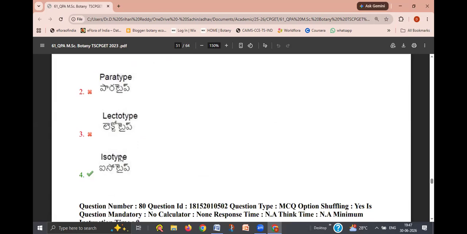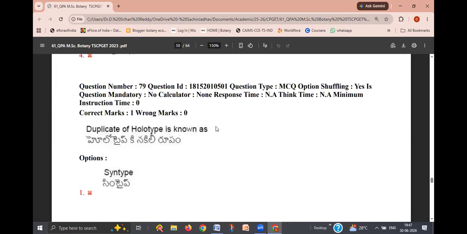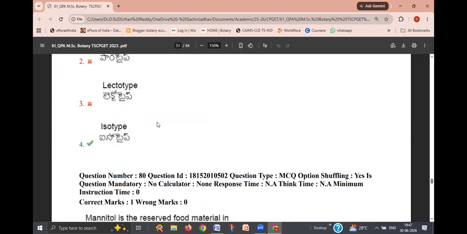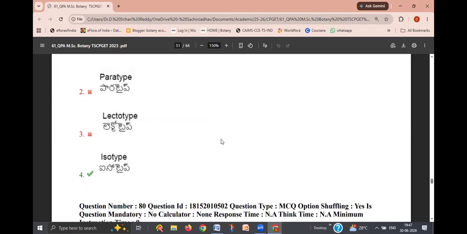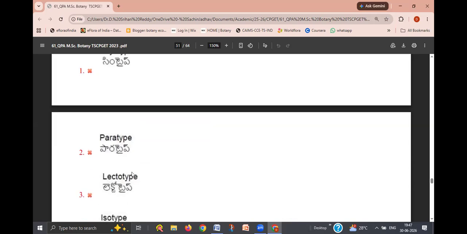Isotype is the duplicate of a holotype. If holotype and isotype are not available, then we use lectotype. It is like an original, duplicate, triplicate. Finally, if all these are not available, we use the paratype.